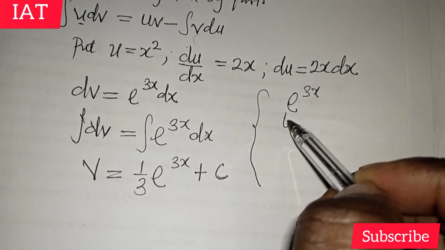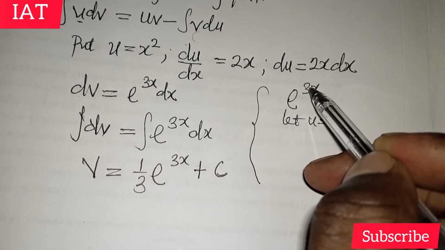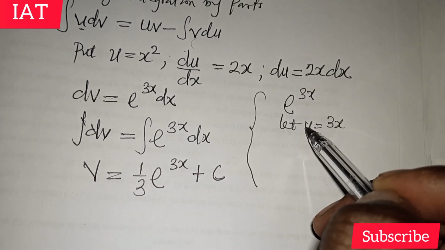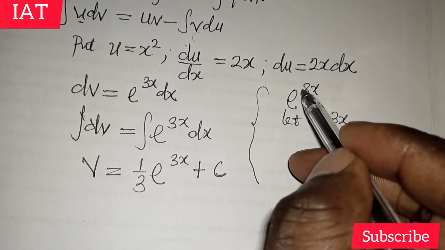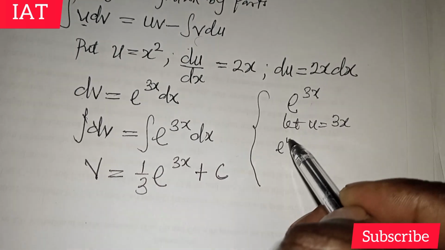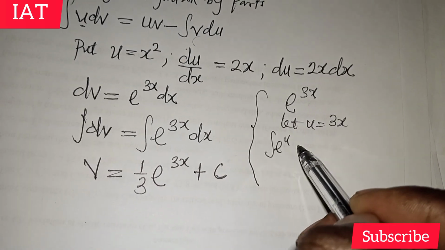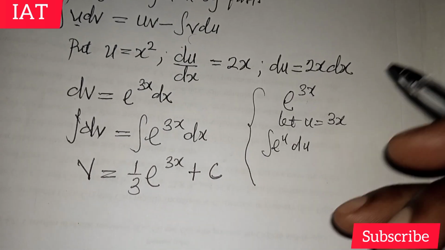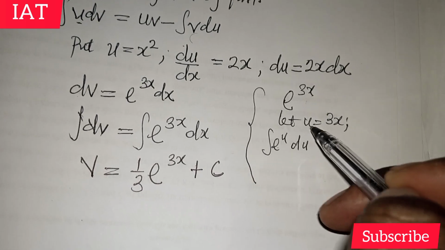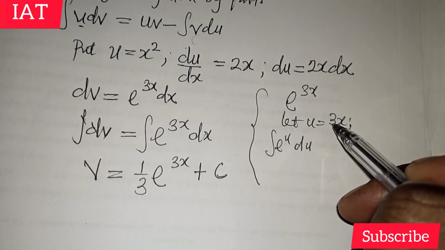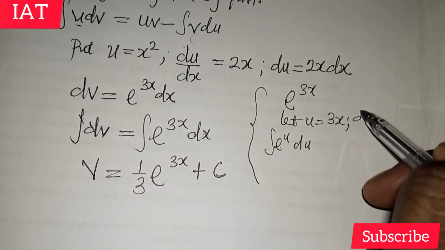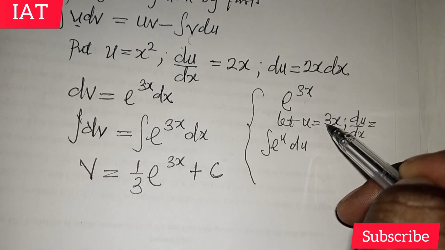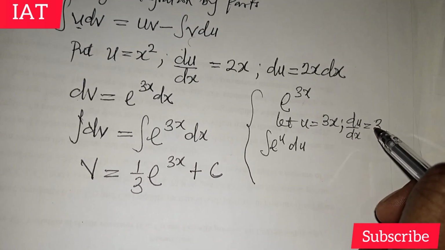Just make u to be equal to this 3x. That means you represent this 3x with u, so that you now have this to be exponential u. That's the integral of exponential u with respect to u. Alright, on this part, this u that you represent with 3x, you need to differentiate the u with respect to x, and the differentiation of 3x is just 3.